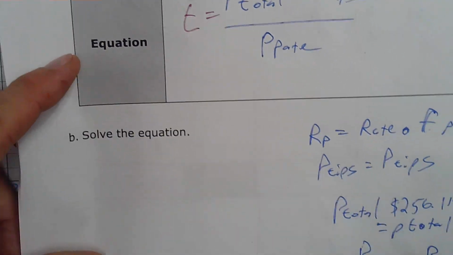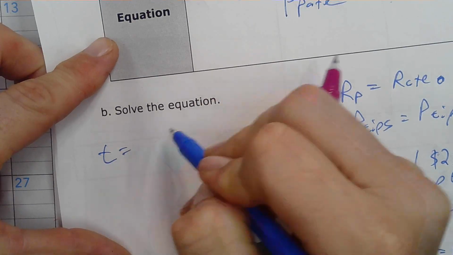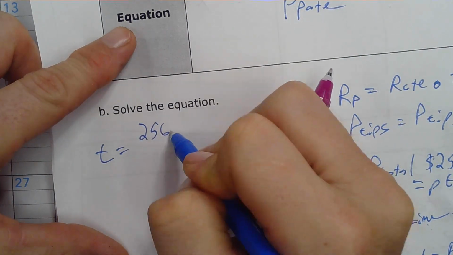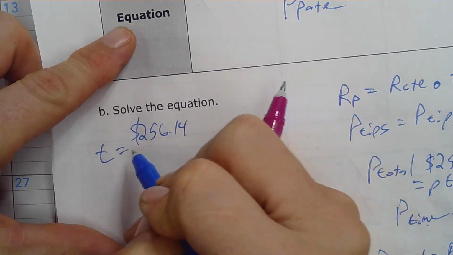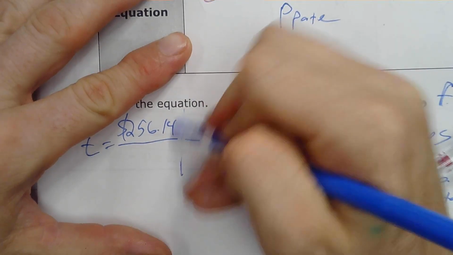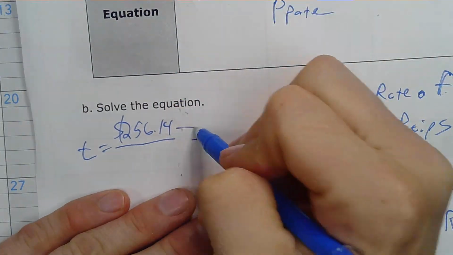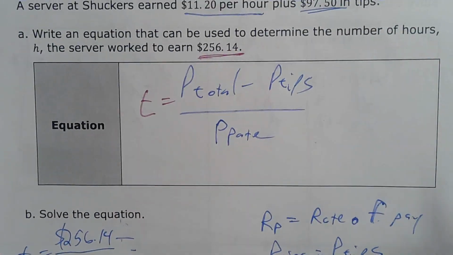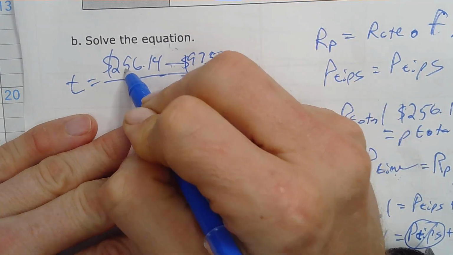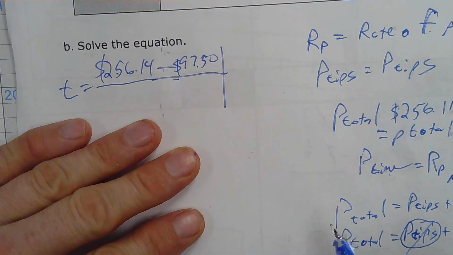So let's do that. My time equals my pay total, which is $256.14, minus my pay from tips, which was $97.50, and I can do that because that's dollars minus dollars.